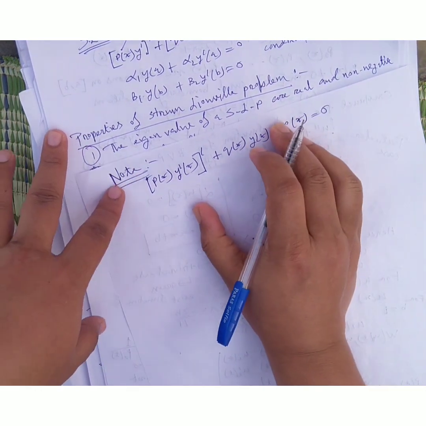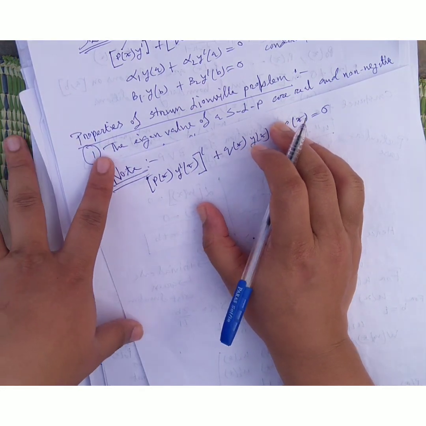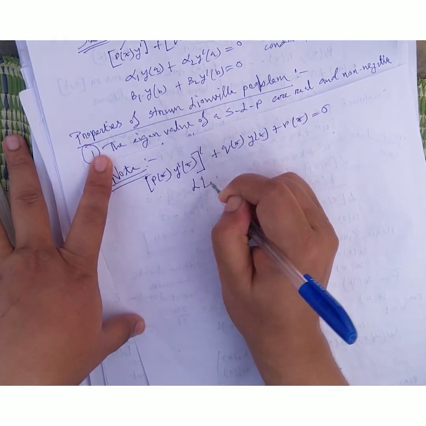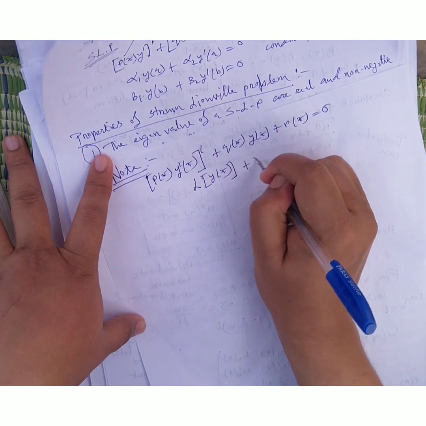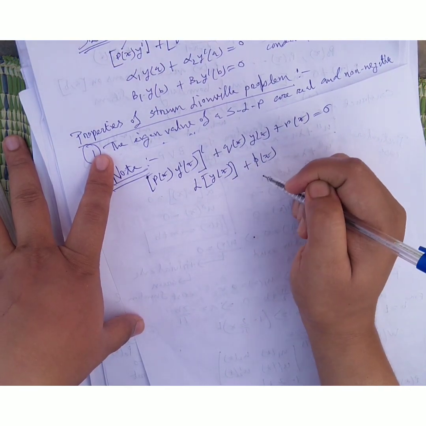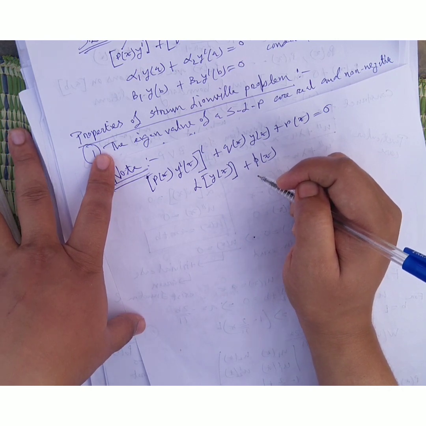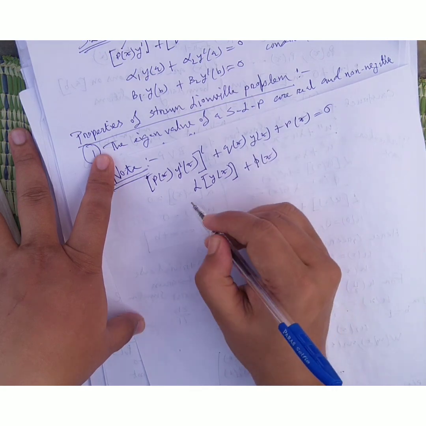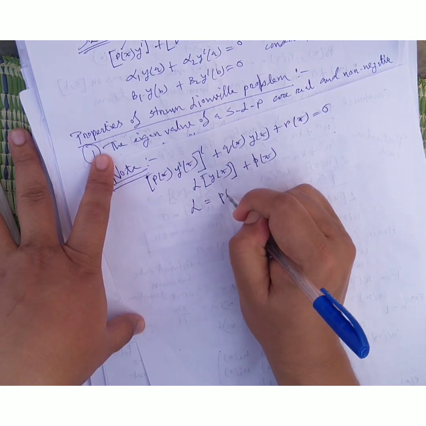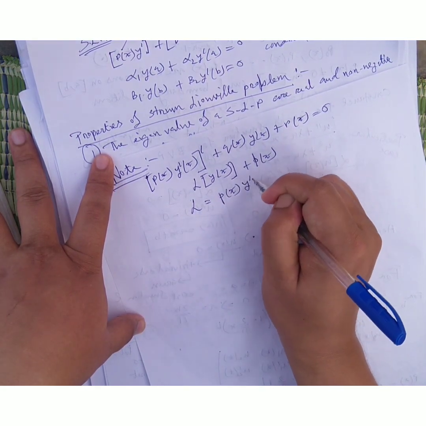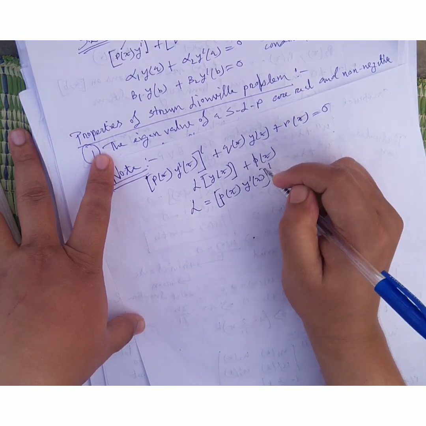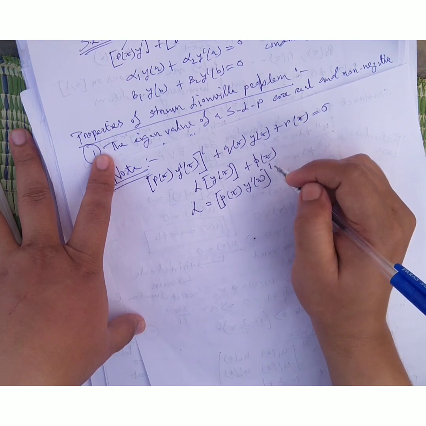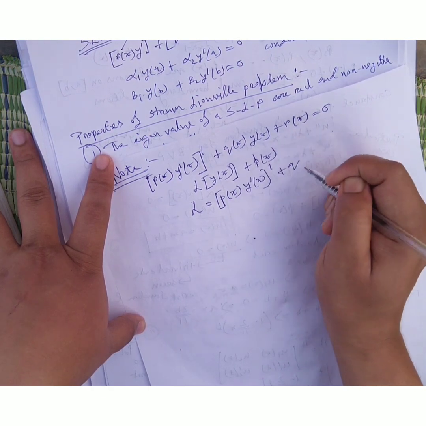This is the equation, and it can be written as L y x plus phi x, where L is equal to p x y dash x dash, and plus q.